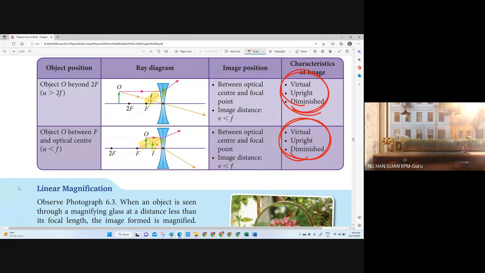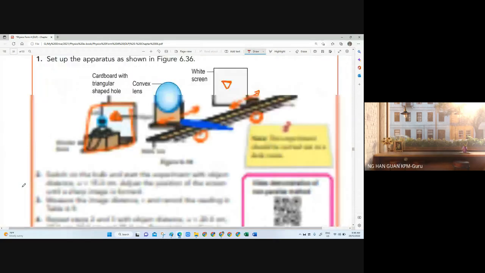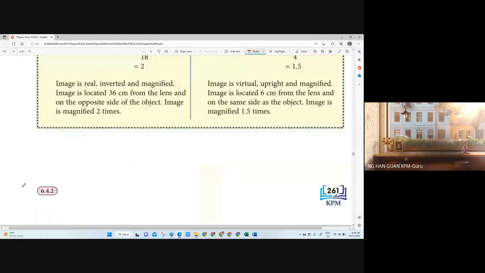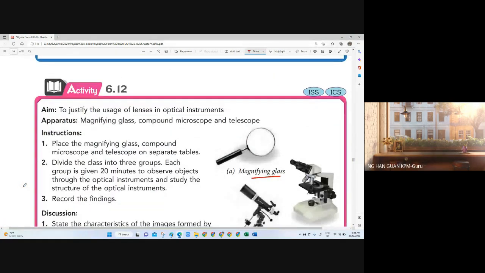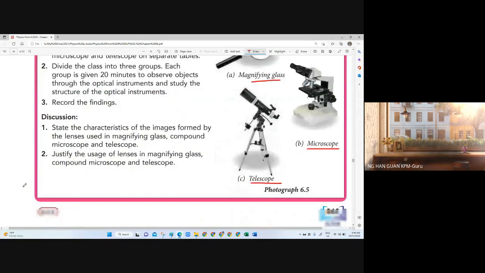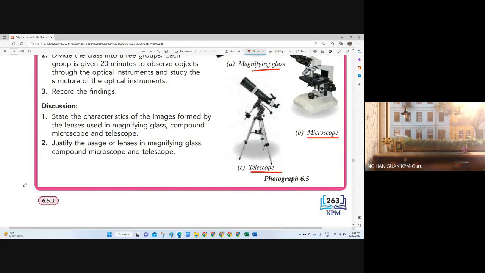Always smaller, so it is not really useful in our applications and is only used for certain specific purposes. Otherwise, we want to amplify the image so that we can see the details on the objects.